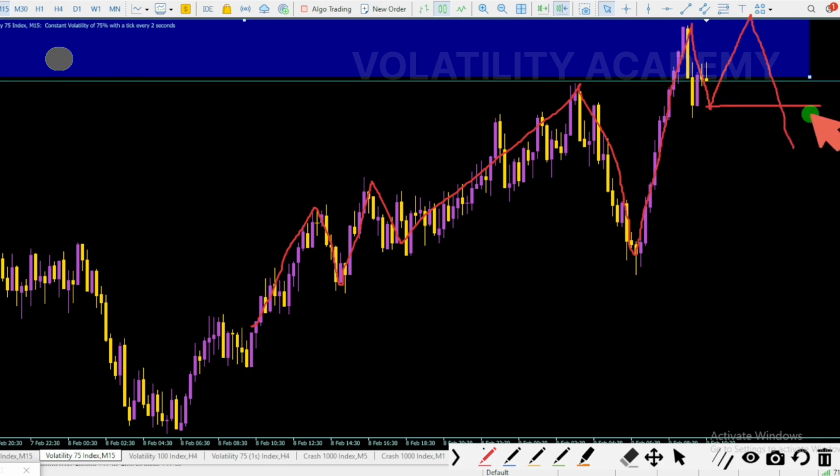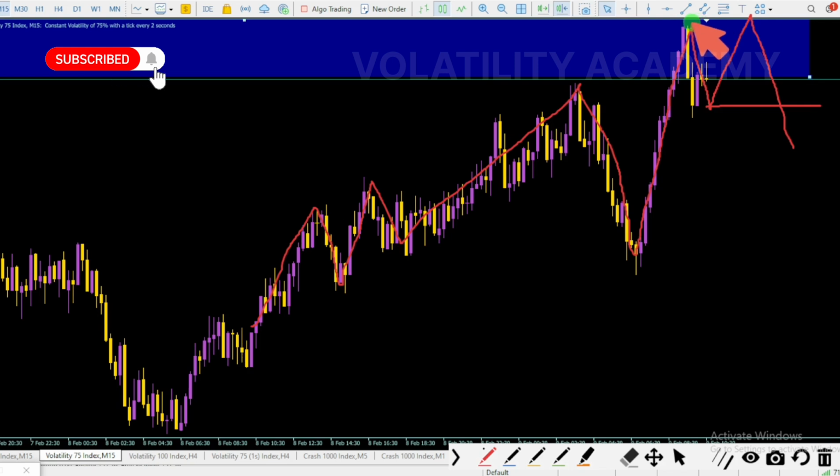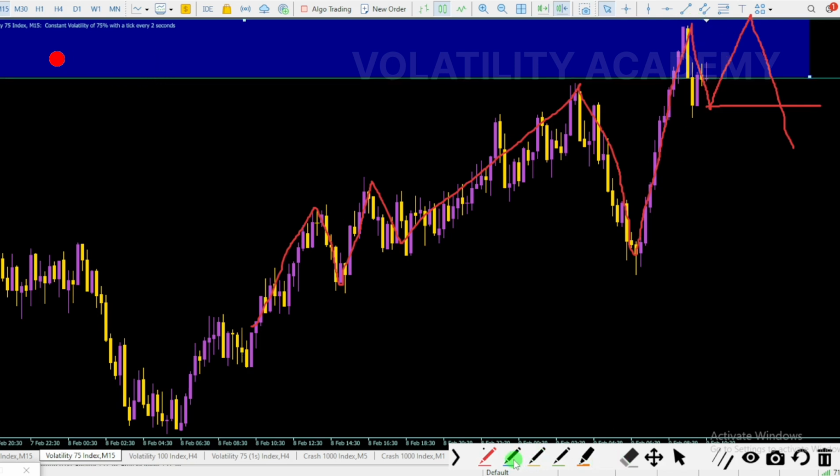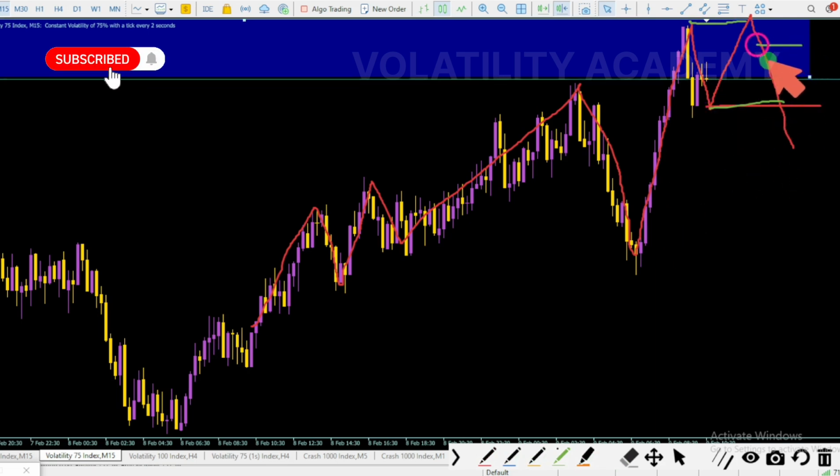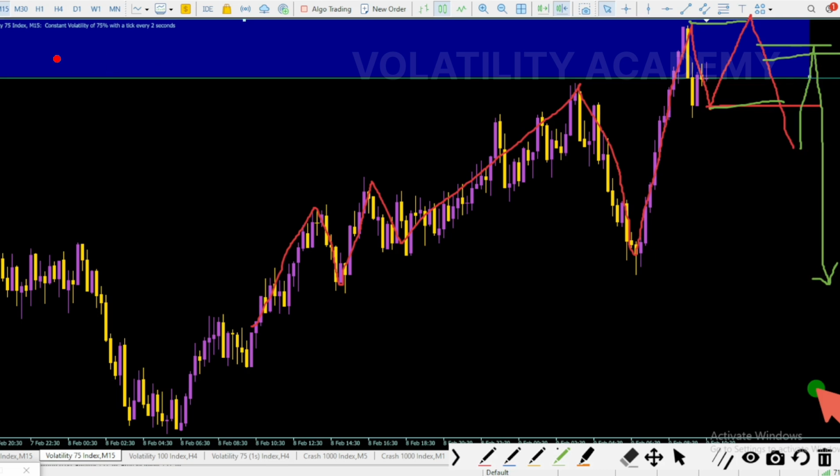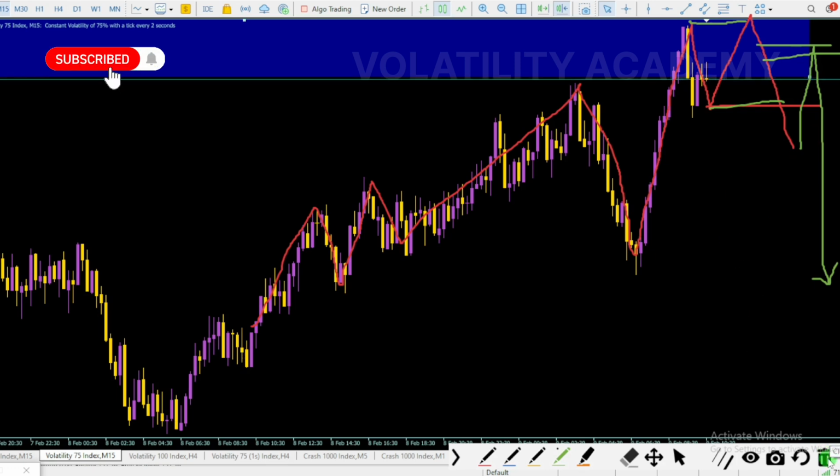I want to see the market break to the upside, come back and break to the downside. Then I would probably have some supply zones around here. I will wait for retracement, and boom, I will take the trade. Of course, I don't joke with my proper risk management.